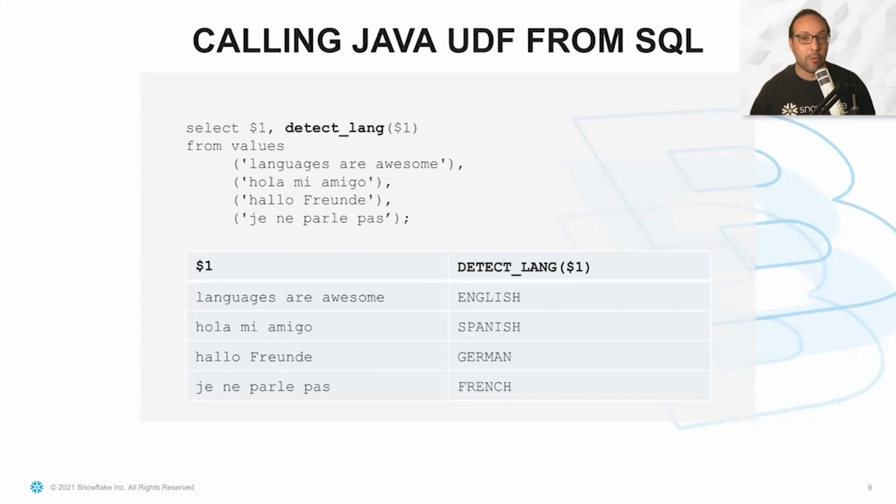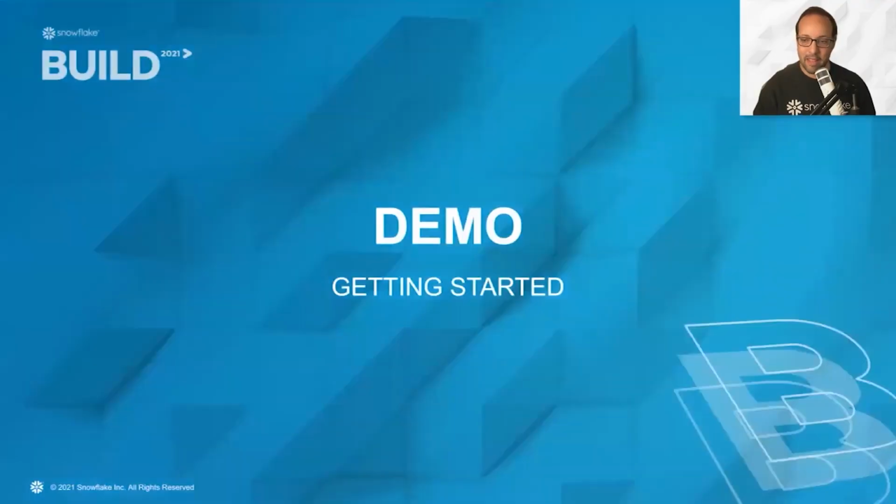Is for 4 different sentences. Languages are awesome. Hola mi amigo, hello friend, and je ne parle pas. You can see, and this is what we want, is we want to find out in which language they were written. So without further ado, let's go into the demo.